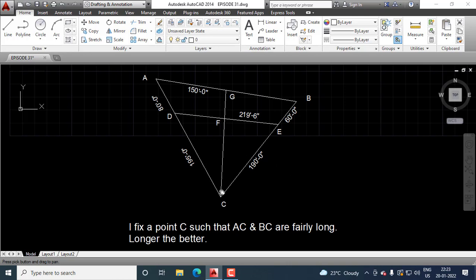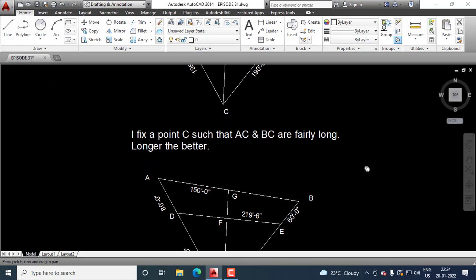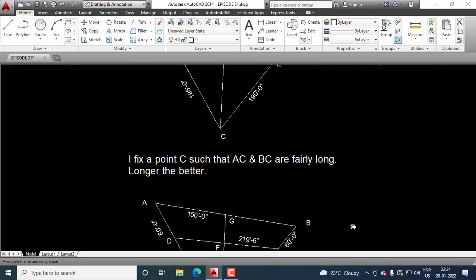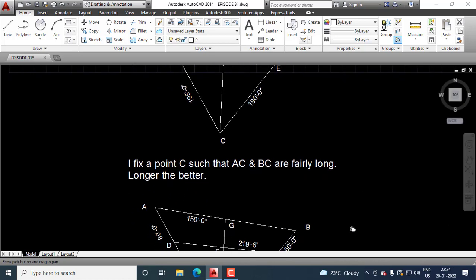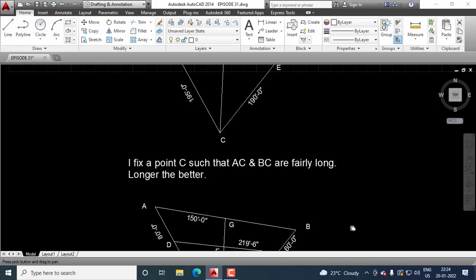So we measured AB and we located G on point AB. All this method is described numerically also in the following diagrams and in the following narrations.